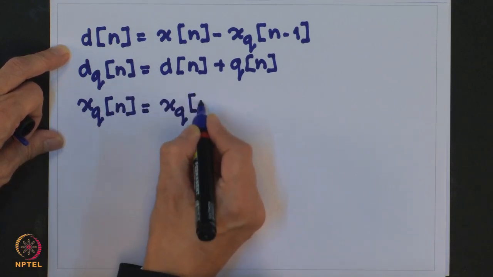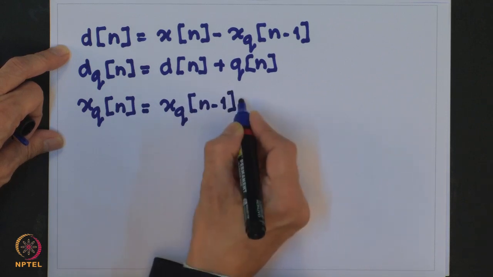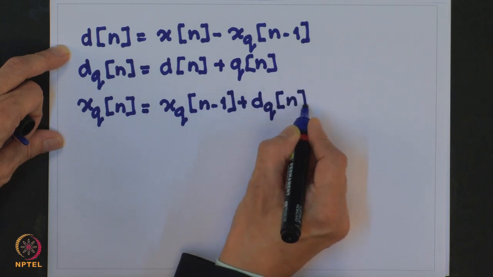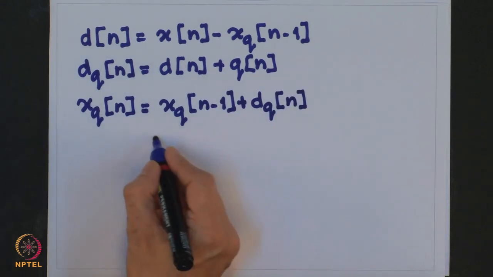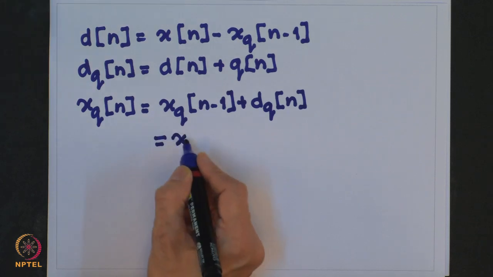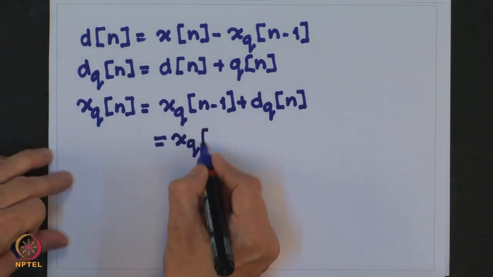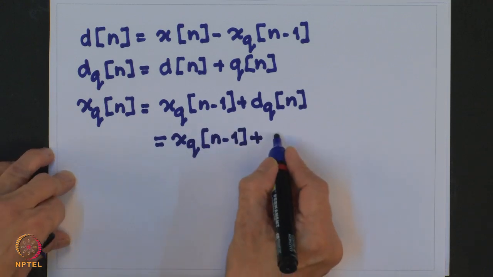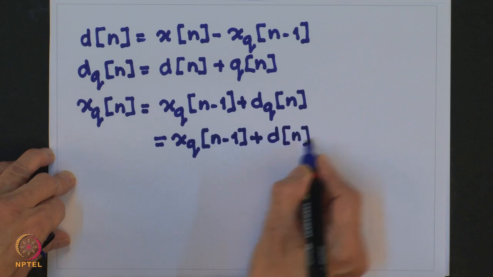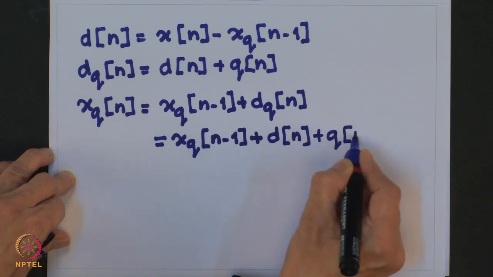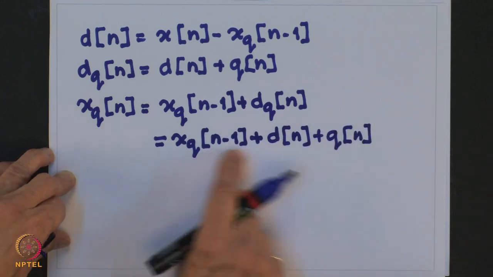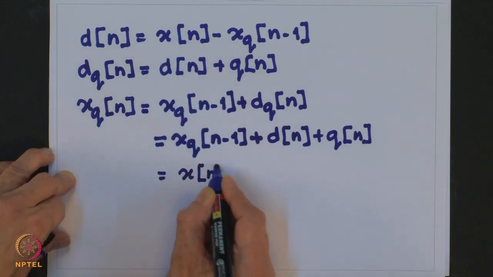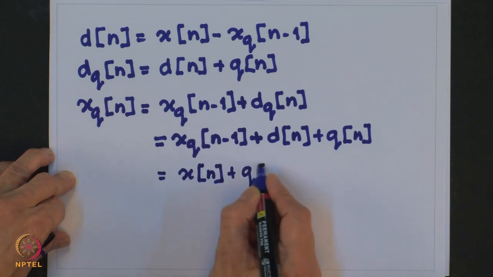I take my previously reconstructed value, to that I add the current difference sample, which I can rewrite, and now this plus this is nothing but equal to xn plus qn.